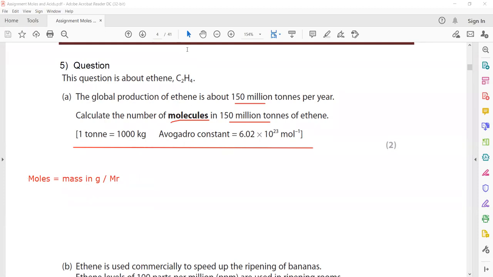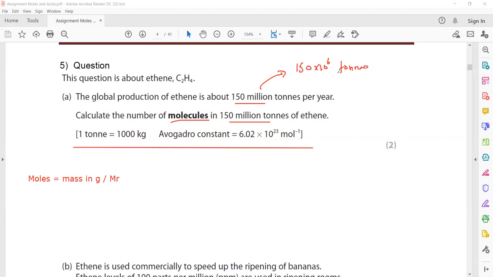So the mass in gram, it's 150 million, as I mentioned in the question, it is 150 million tons. First we have to convert this 150 million into kilogram, so it is 150 into 10 to the power 6 tons.